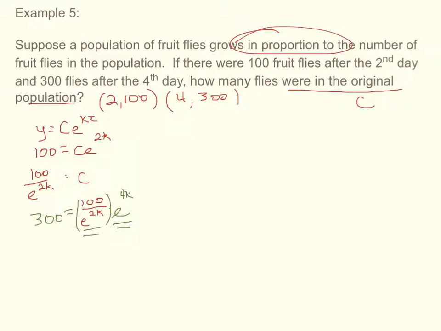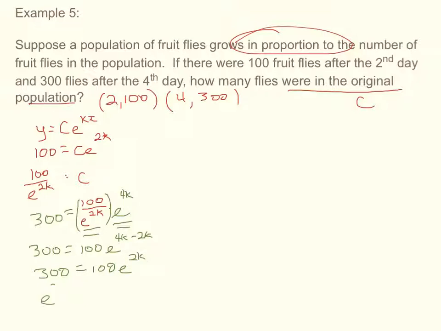And when we do that, we just subtract the exponents. So we would have 300 equals 100 e to the 4K minus 2K, which is, of course, just 2K. So 300 equals 100 e to the 2K. And then we would solve it.